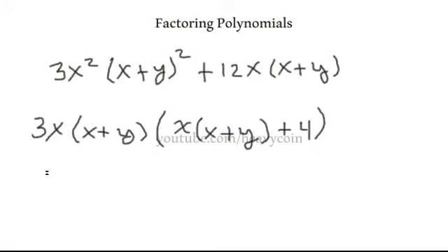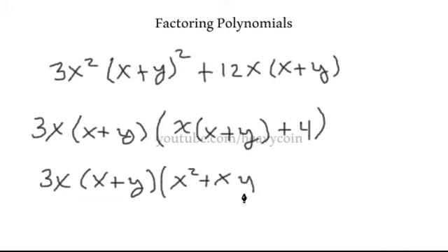So there we go. Now we can clean this up a little bit. I can distribute this x across inside, so x times x is x squared plus xy, and then plus 4. And that's as far as we're going to go on that.